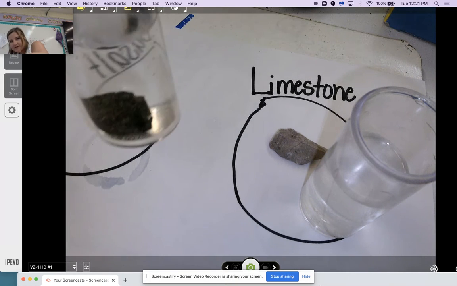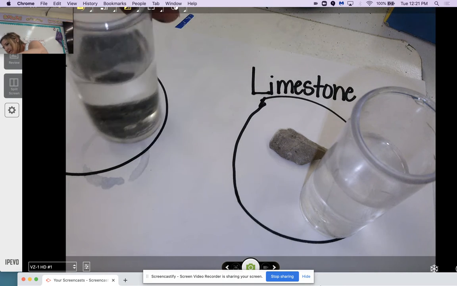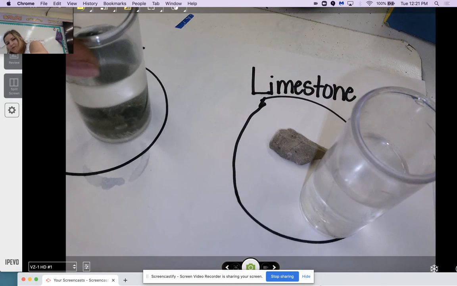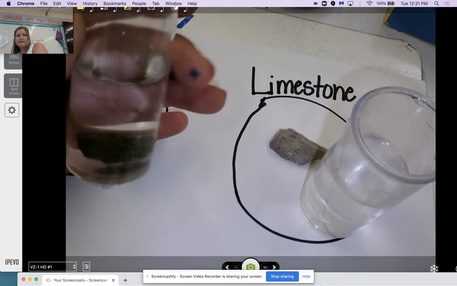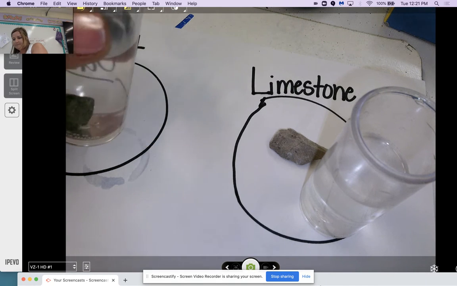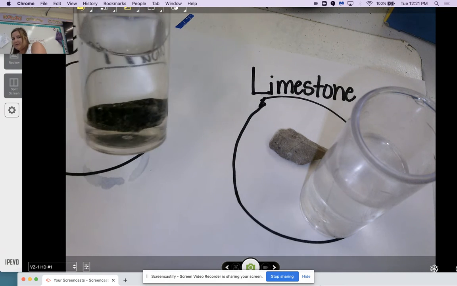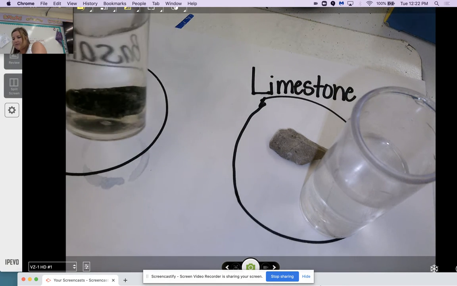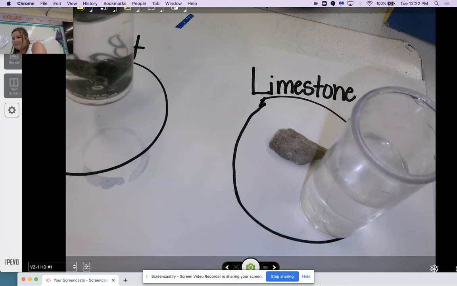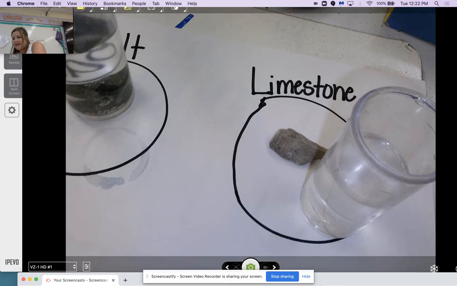There are some tiny bubbles forming around the basalt, but not much happened when we put the basalt into this container today. I will be taking a picture so you can see what is happening after this. You can see some small bubbles forming, but nothing really else.